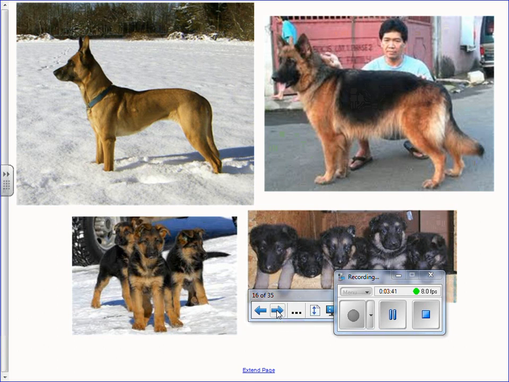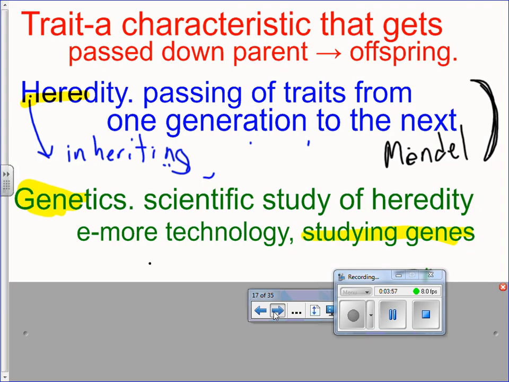But we all know purebred dogs, they're all going to look the same. This is a purebred German Shepherd here. This is a purebred Belgian Malinois, which is a different type of shepherd. But they look the same, right? You look at this dog, you know what type of dog it is because it has those distinctive traits.